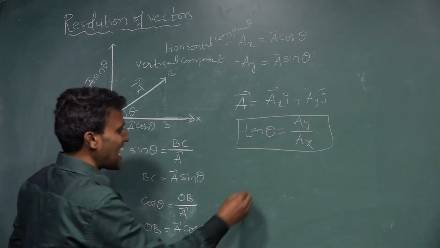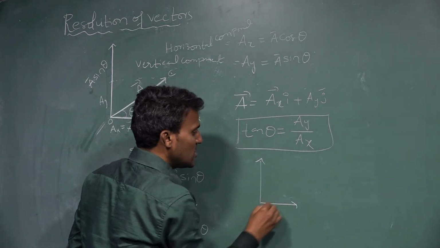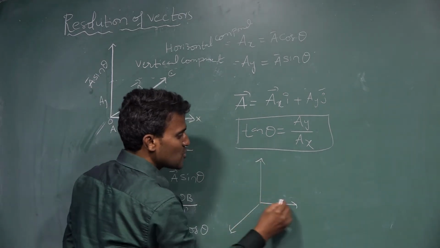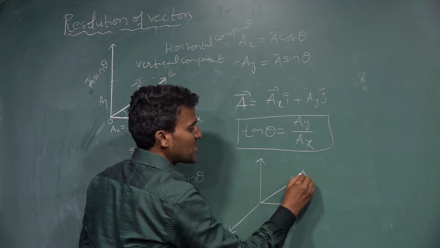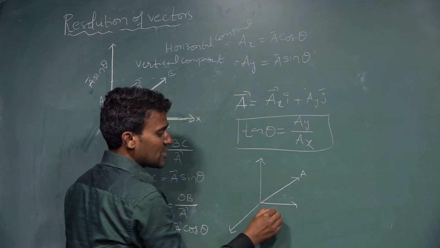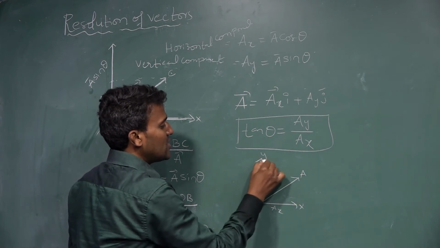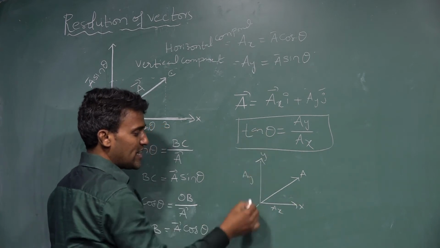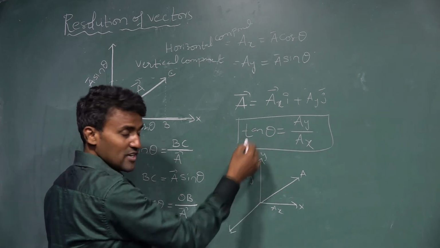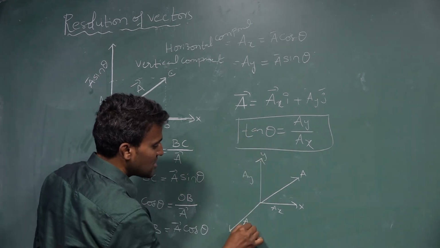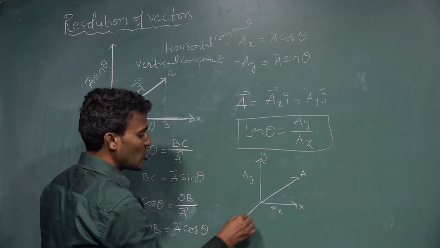If you take the Z axis also, this is the A vector. AX is along the X direction, AY is along the Y direction, and AZ is along the Z axis.